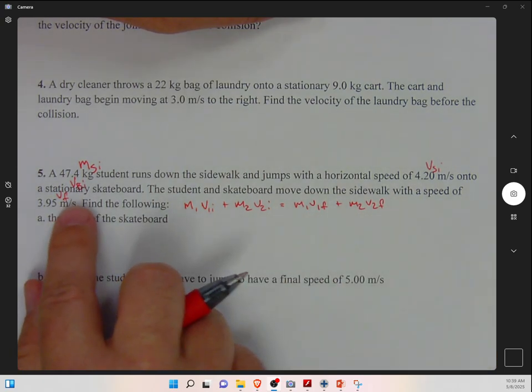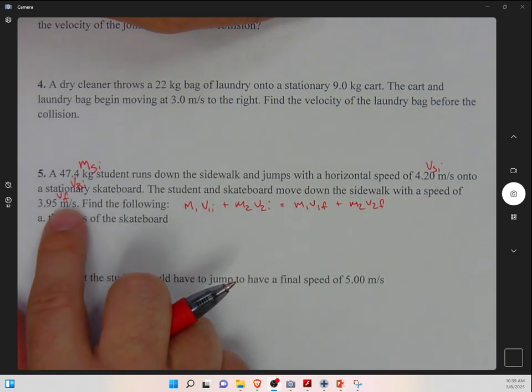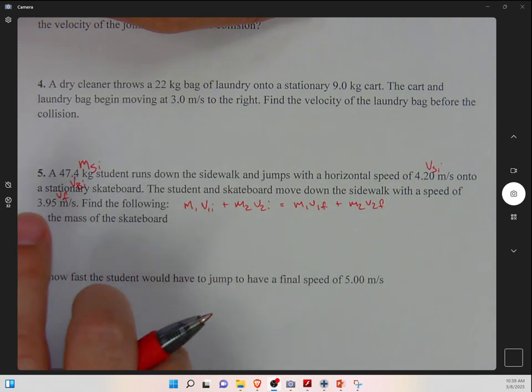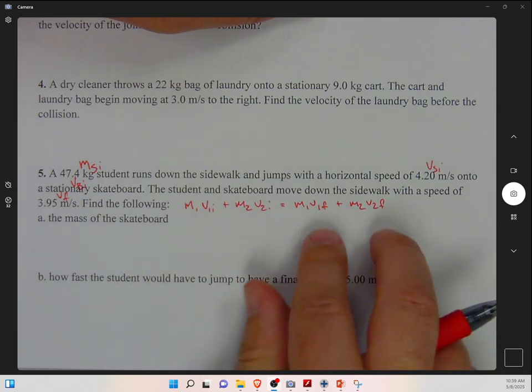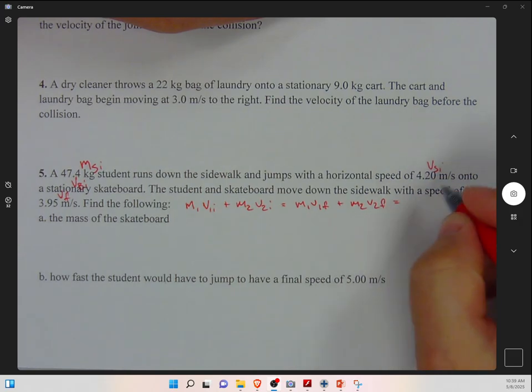Here we're given the speed, because we don't really have a direction per se, of the student on the skateboard, so the final velocity for both objects is going to be the same, and I can use this factored out version that we've talked about already.